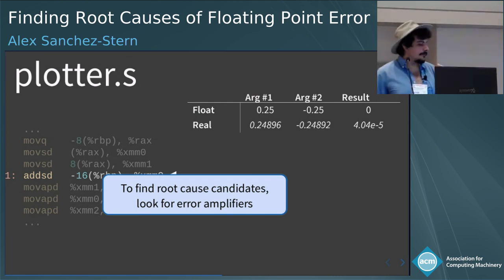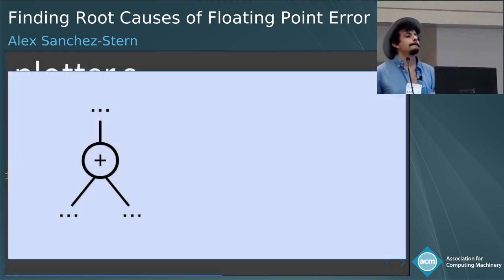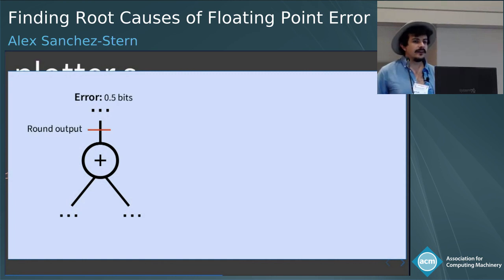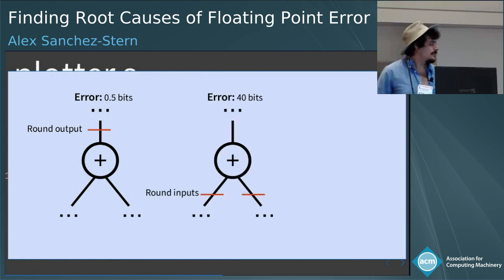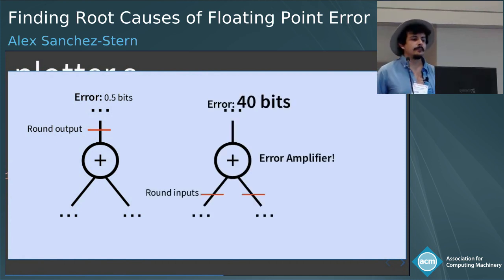Like I said before, there are lots of operations in your program that are going to round. So we can take our real execution, look at any operation, and round its output, and we'll see that we get some amount of error. But an error amplifying operation is one where if we round its inputs, we'll actually see a much larger amount of error. So that's how we figure out that an operation is an error amplifier.